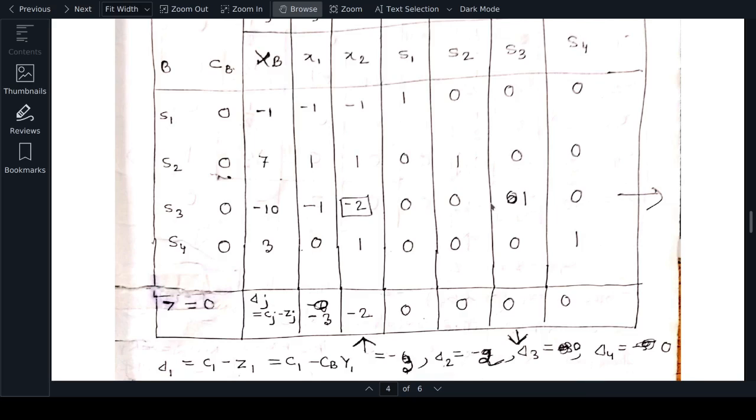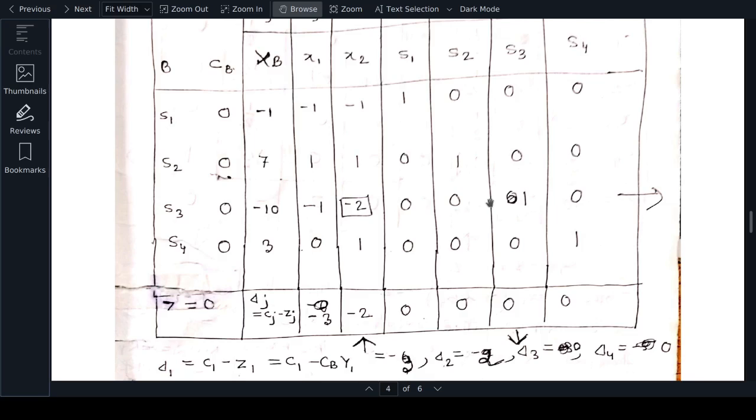So we can apply it. Then how do we find the key row from the xb column? From the xb column, you find which one is the most negative. In the xb column, you take the negative values. -1 is a negative value, -10 is another negative value. For these two, we cannot get the solution. So we take these two, -1 and -10.